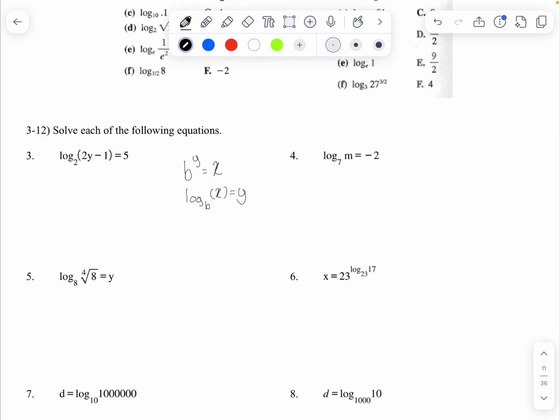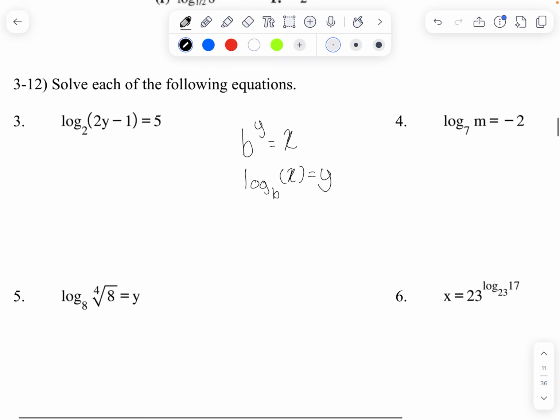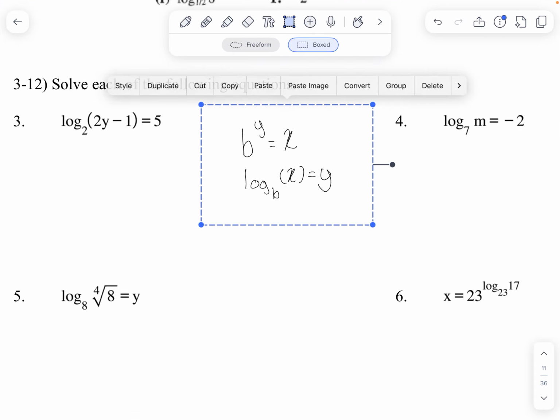So yeah, that is what a logarithm is. It's basically the exact opposite of an exponent. There are many techniques to solving equations related to logarithms, but I'll be explaining those along the way as we do the example problems. So let's get started.